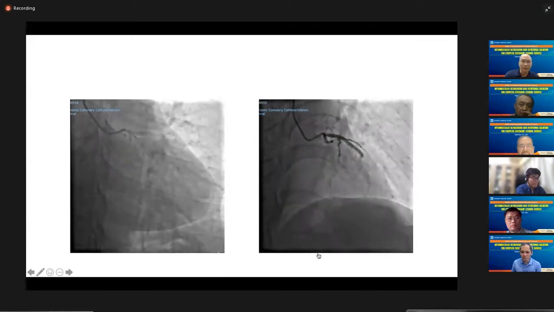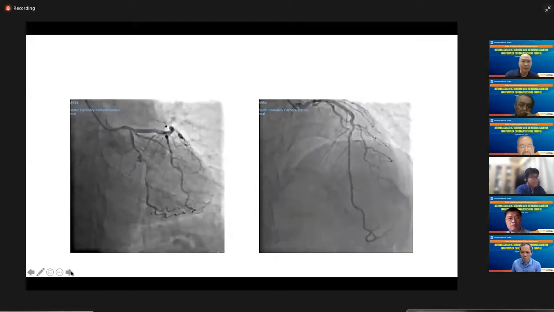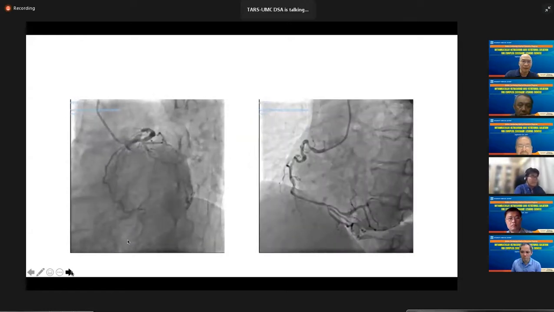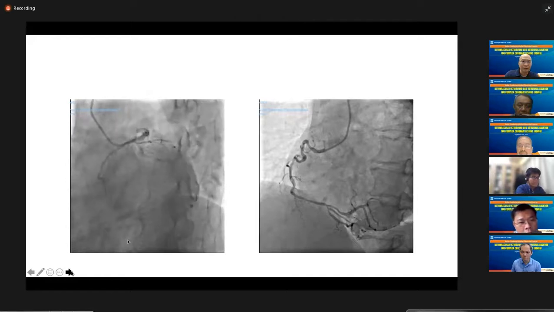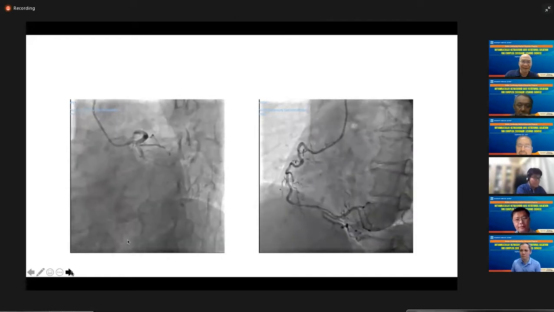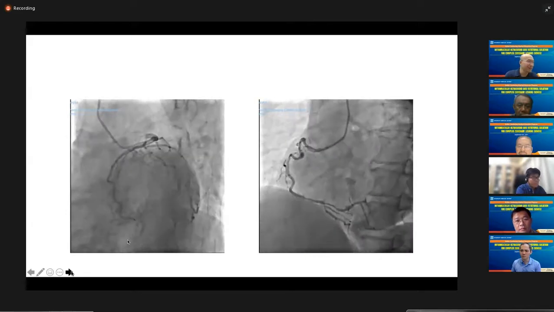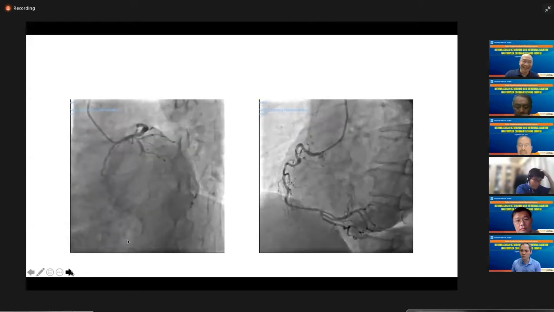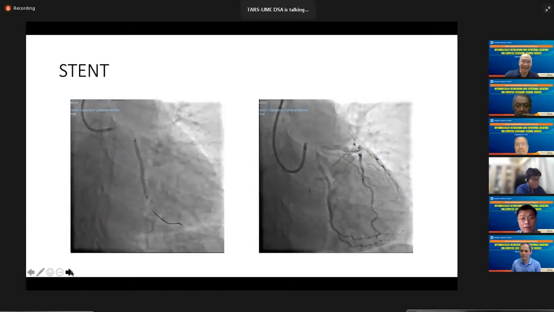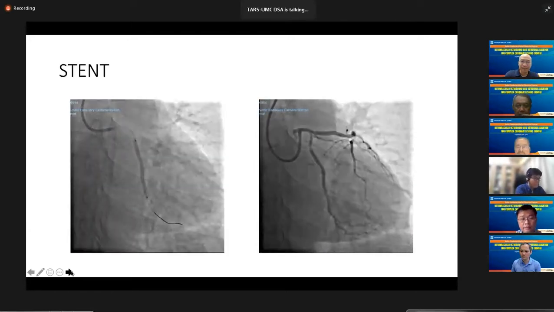In the spider view, we can see the middle circumflex is about 90%. Next, the RCA shows non-significant narrowing.